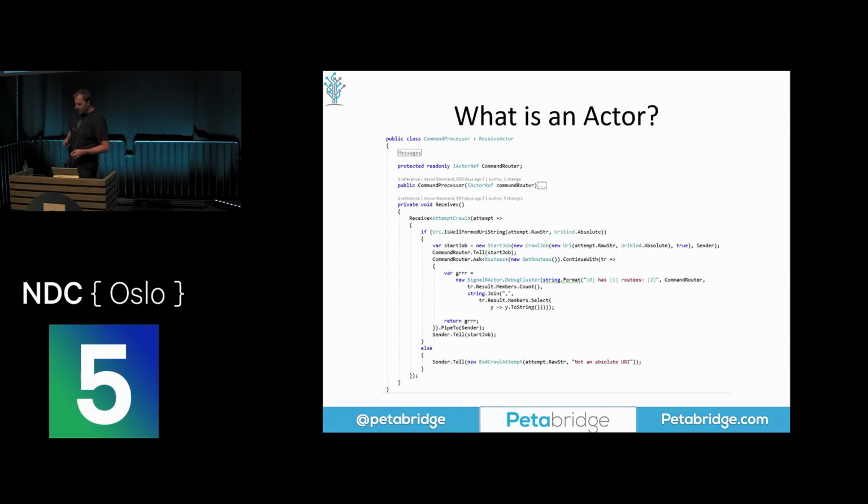Now, this is a little bit of actor code on screen here. And basically what you can see is an actor is just a simple class, is all that it is. There's no special infrastructure or anything else that you have to manage as a developer. You create an actor class, and then what you can do is declare these receive methods here, where you can say, I want to receive a message of type attempt crawl.